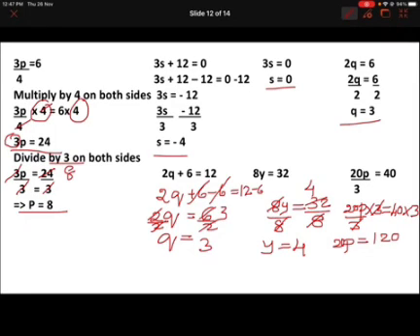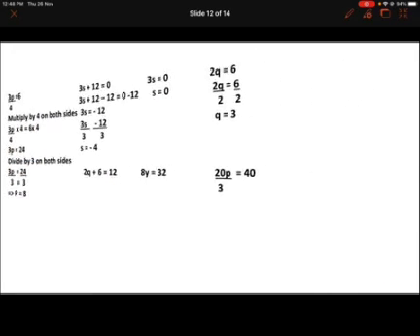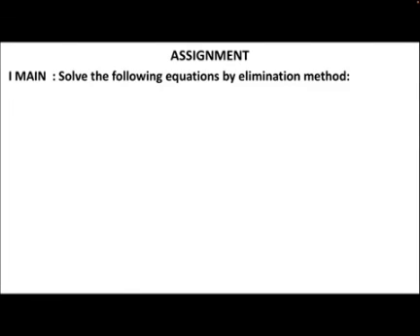Now I'll divide both sides by 20. 20 gets cancelled. 20 ones, 20 sixes. So our p equals 6. So that's how you solve by elimination method.